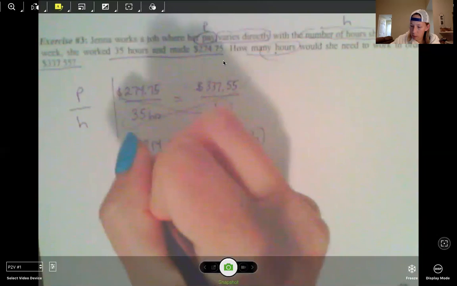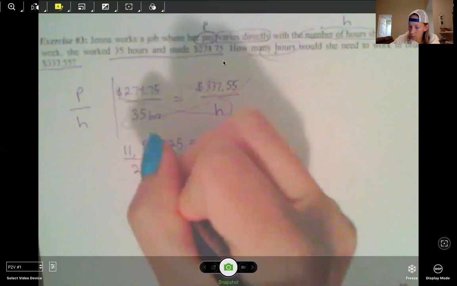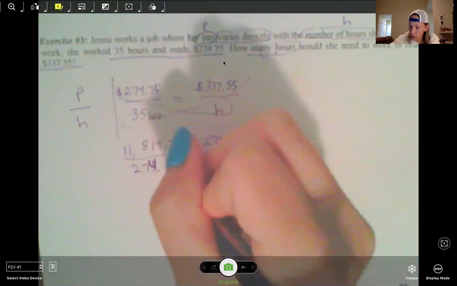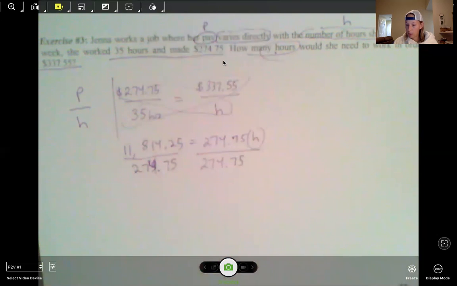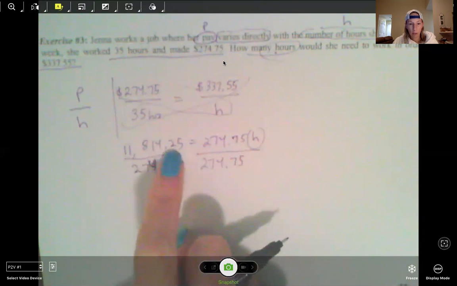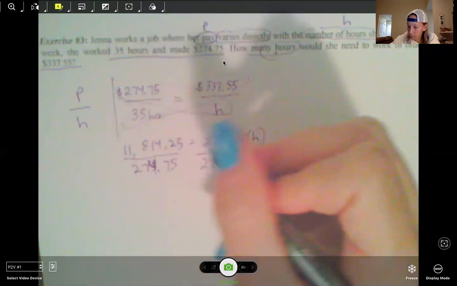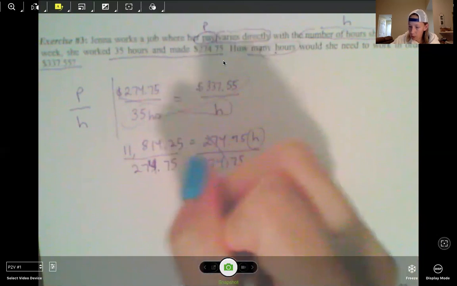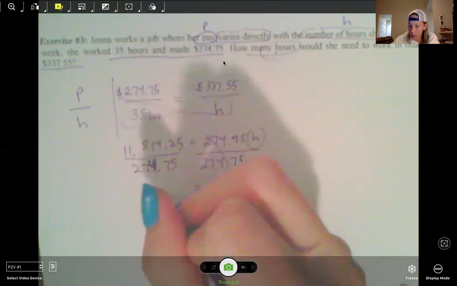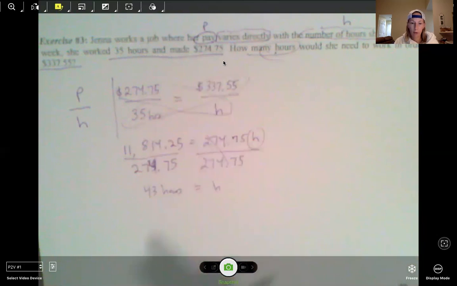We do that on both sides. So if we take $11,814.25 and divide by 274.75, we find out that H, which is the hours, is 43 hours.